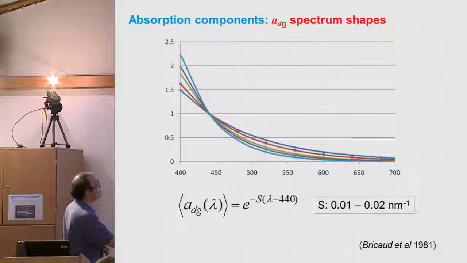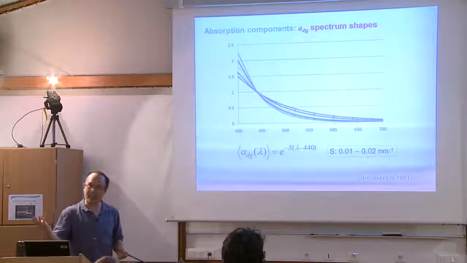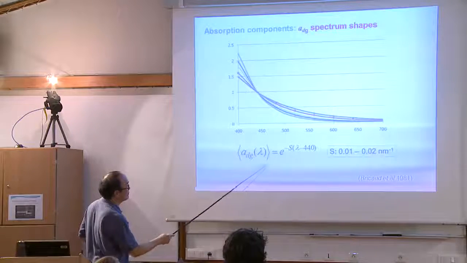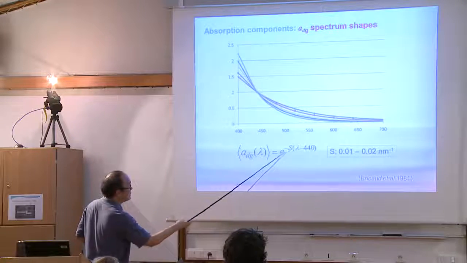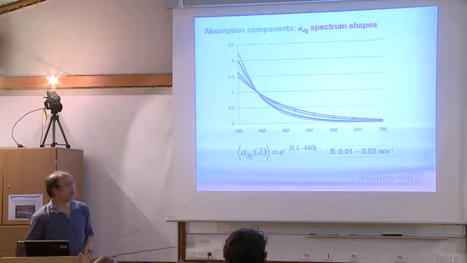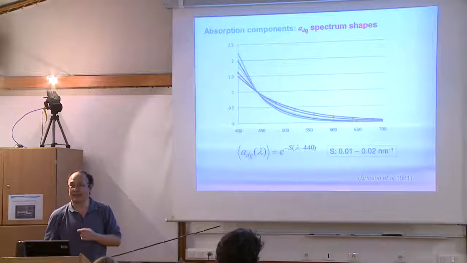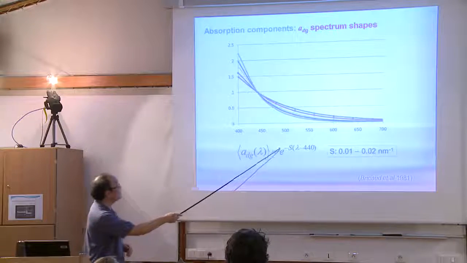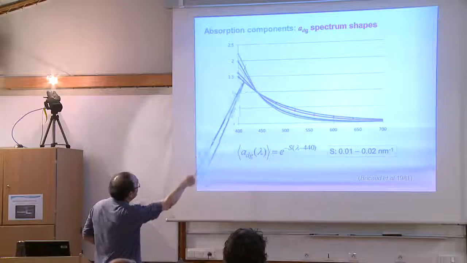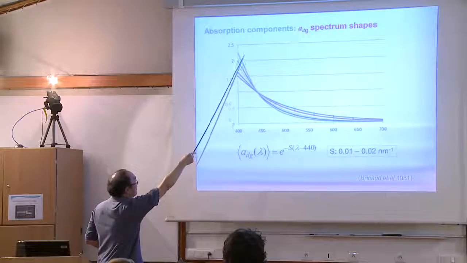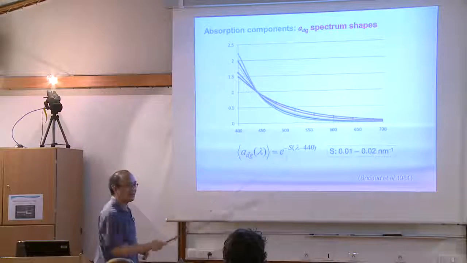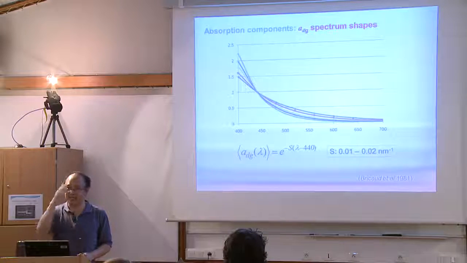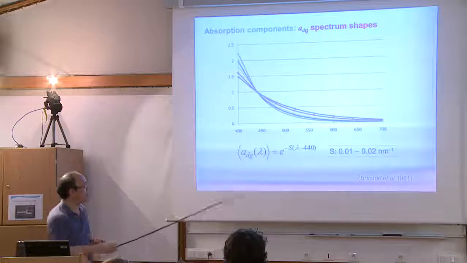Now for the ADG term, what we generally use up to today is a spectral exponentially decaying function with this S, decaying exponentially with wavelength. But the trick is how you determine this S. For different S values, as shown here, it can be very steep or quite mild with the increase of wavelength. How do you determine this S value?